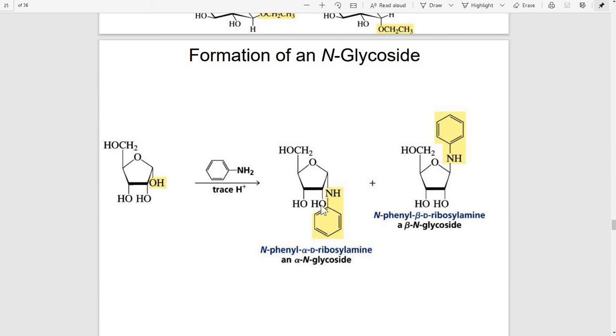This OH is removed and we get the N-glucoside compound, which is N-phenyl alpha D ribosylamine and N-phenyl beta D ribosylamine, the alpha compound and the beta compound. Alpha means downward direction, beta means upward direction.